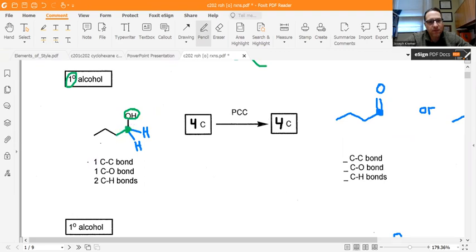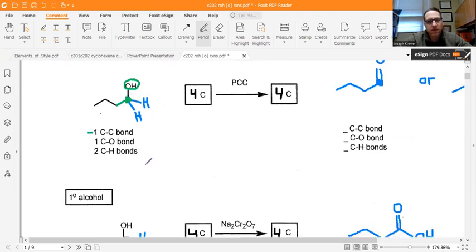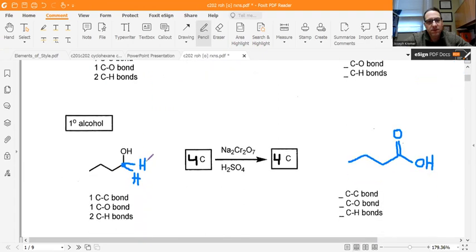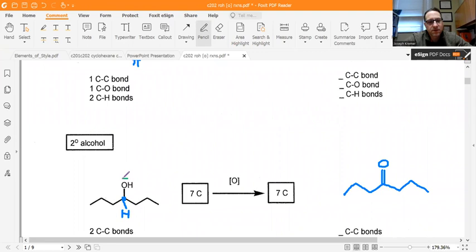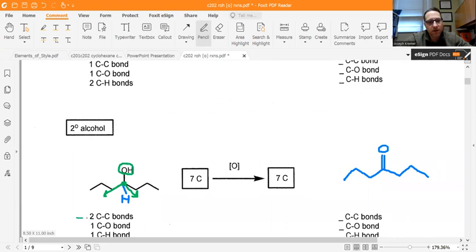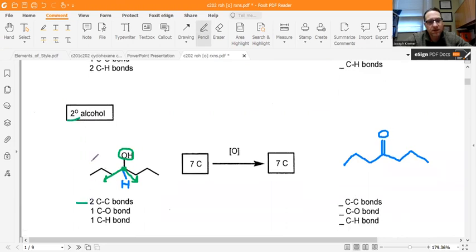There's 1. That's a 1 degree alcohol, as is the one below. 2 degree alcohol: circle the hydroxy, backtrack to the carbonyl carbon atom, and trace 2 carbon-carbon bonds. That's why this is a 2nd degree alcohol.